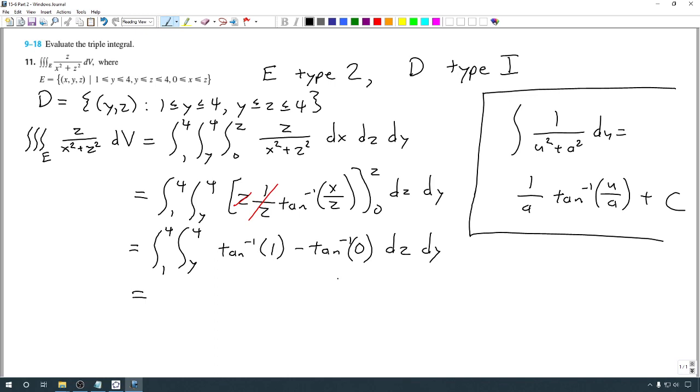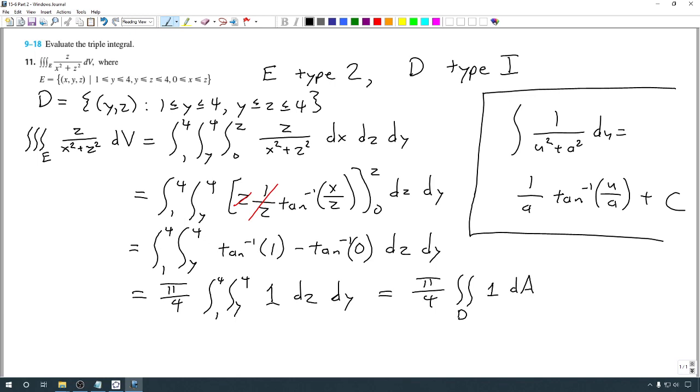So we're really just looking at pi over 4 as our integrand. And since that's a constant, I'm going to even pull that out. We're going to say this is pi over 4 times the double integral over D of 1.